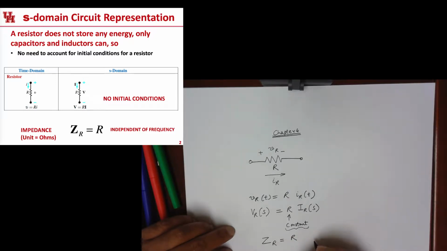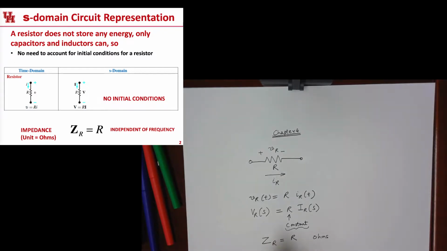Impedance is also measured in ohms, and it's simply a generalization of the concept of resistance to the complex domain. So even though we're going to the complex domain, it's simply a real quantity. The imaginary part of the impedance for a resistor is still equal to 0.